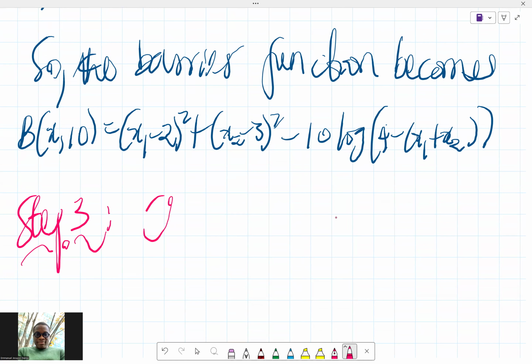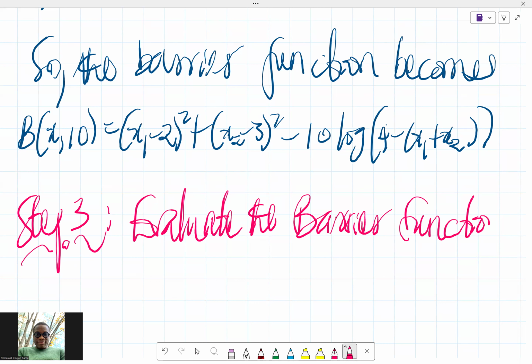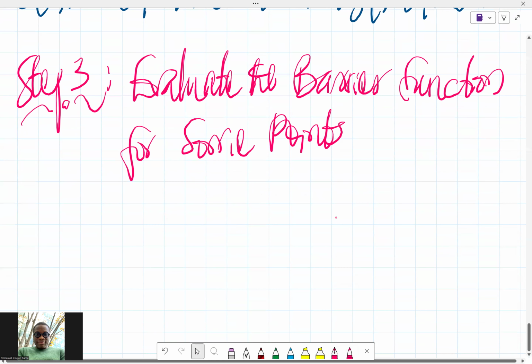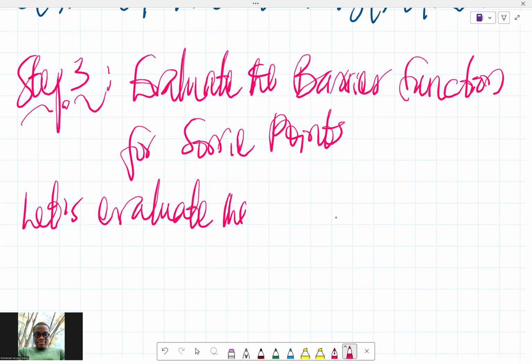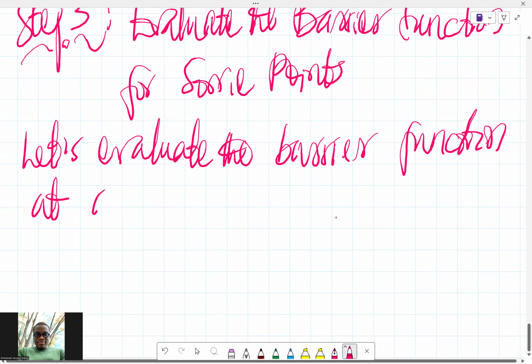So we have chosen the barrier parameter. In step 3, we evaluate the barrier function for some points, just like what we did for the penalty function the other time. So let's evaluate the barrier function at a few points.